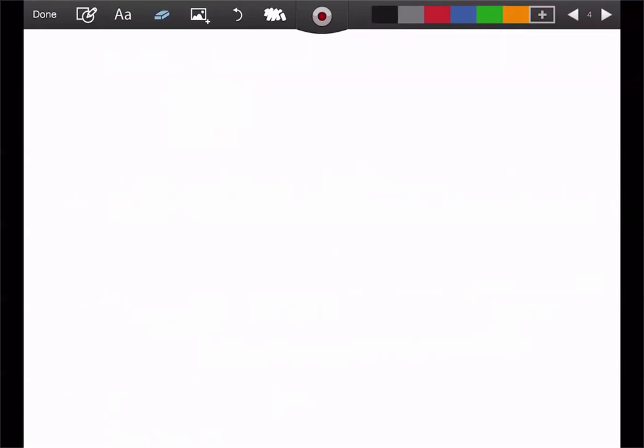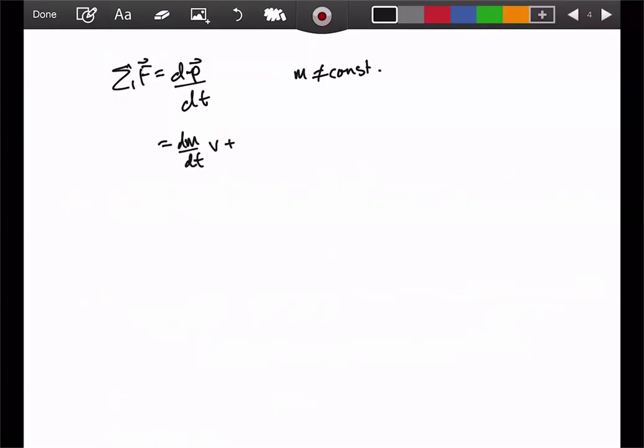So all that means is, again, Newton's second law said that the time rate of change of the momentum is equal to the force, right? Now, if the mass is not a constant, all that's going to do is give us an extra term, which is going to look like the time rate of change of the mass times the velocity, plus the mass times the acceleration.